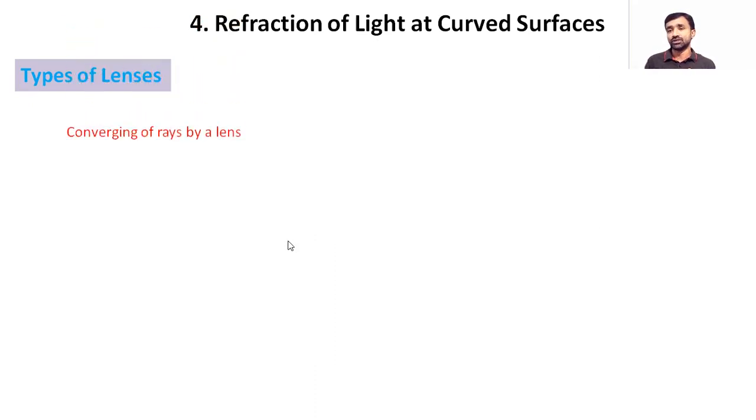Simply in these types of lenses, again I am classifying the lenses that I named now. How many did I name? Six. Those six I am again classifying based on the behavior of light rays after refracting from that particular lens, right? Suppose I take a convex lens, what happens if I make a parallel beam of light rays incident on the convex lens?